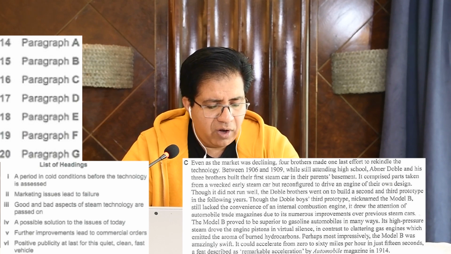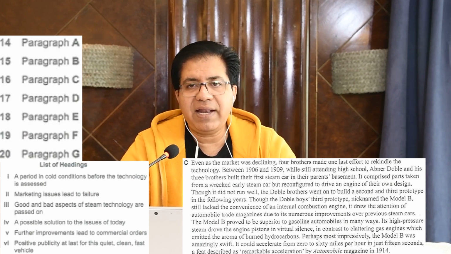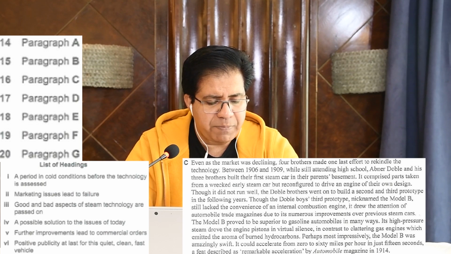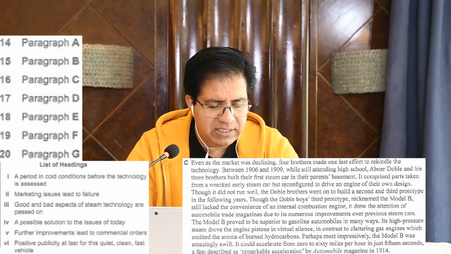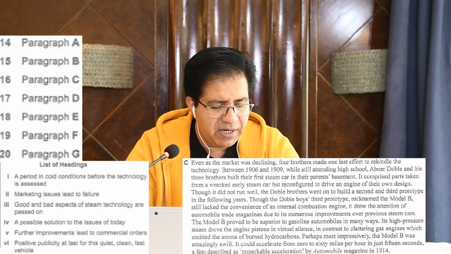Paragraph C, we already read some part to answer question number 22. So please come to the 5th last line. Paragraph C, 5th last line. Model B proved to be superior to gasoline automobiles in many ways. Its high pressure steam drove the engine pistons in virtual silence, in contrast to clattering gas engines which emitted the aroma of burned hydrocarbons.